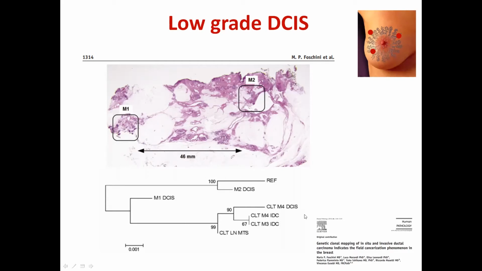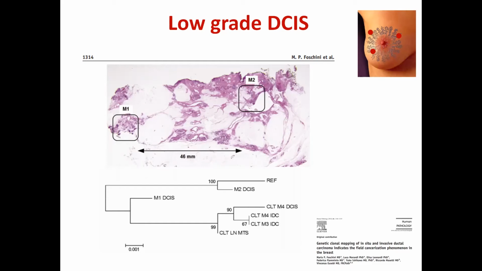And you see, this is a phylogenetic tree in which we compared the mitochondrial DNA of all these areas. And you see that in this clonal tree, in this phylogenetic tree, tumors that are related are in the same branches.